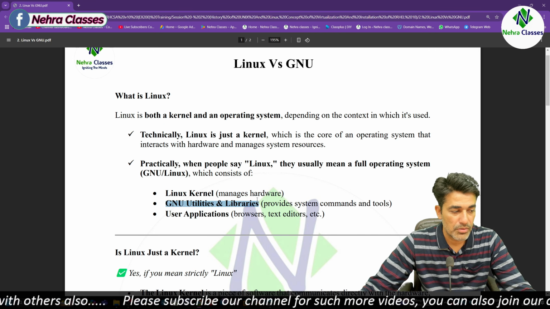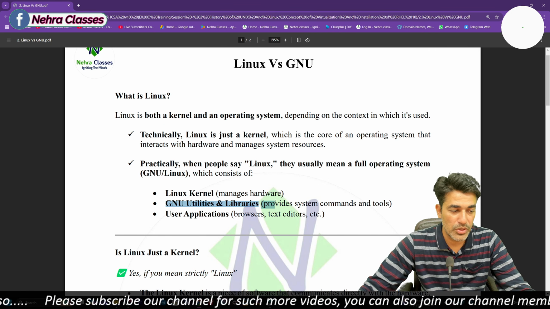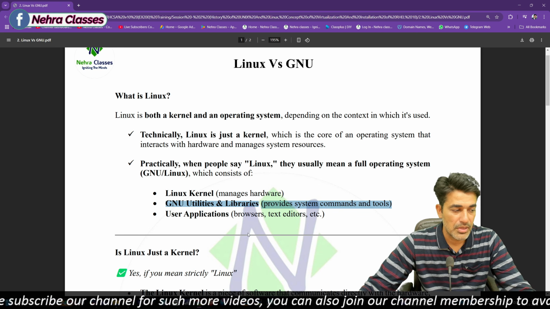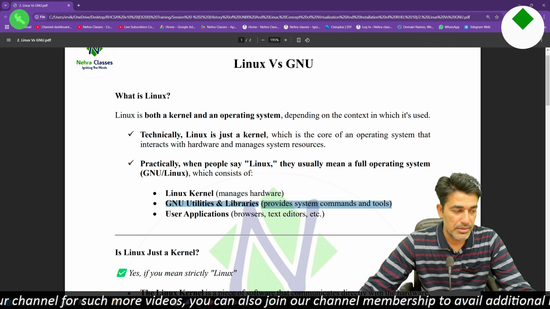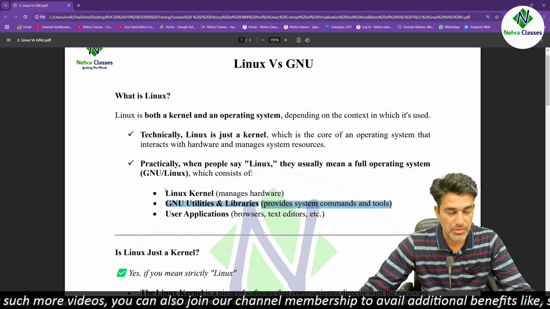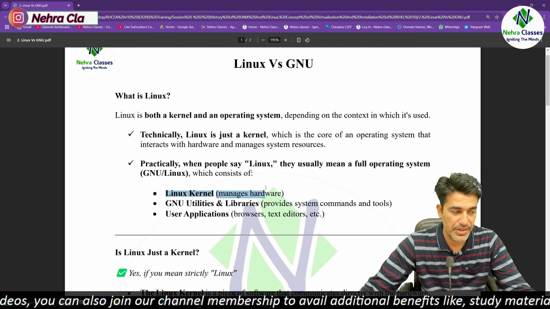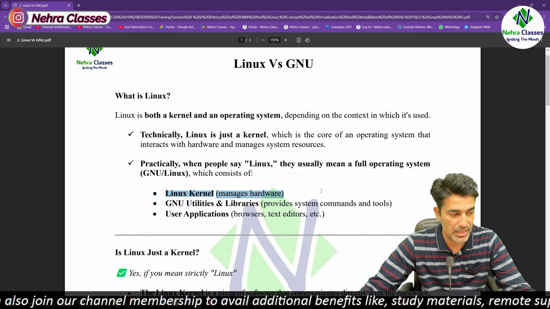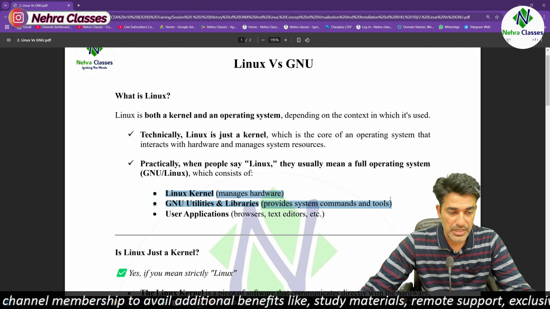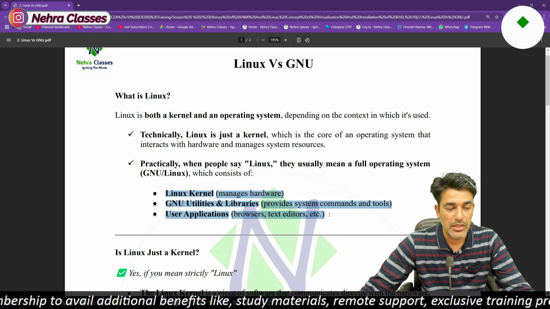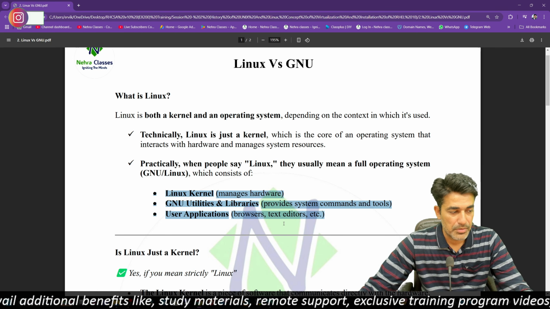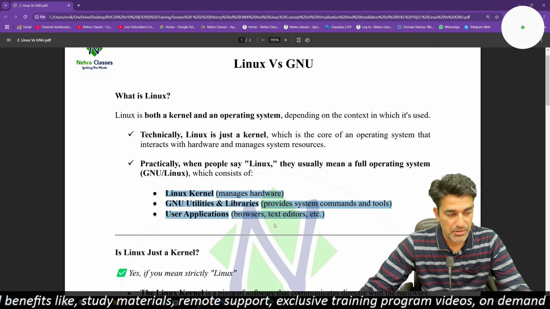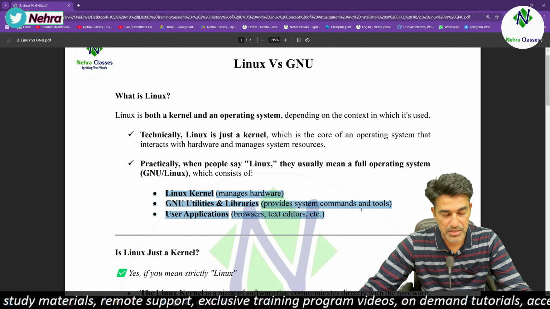GNU provides utilities and libraries. And in any operating system which has the Linux kernel, you will find the Linux kernel, the utilities and libraries, and the user applications. So combining all these, we have a Linux operating system.